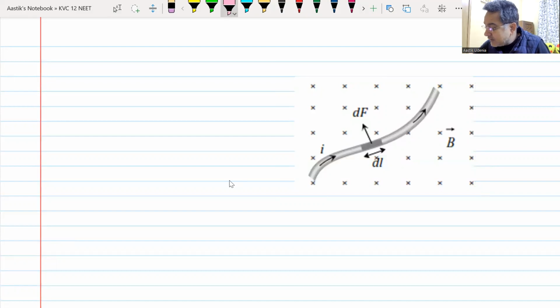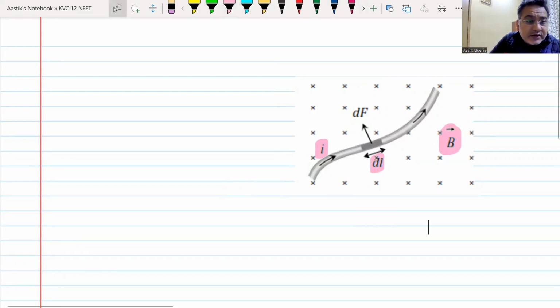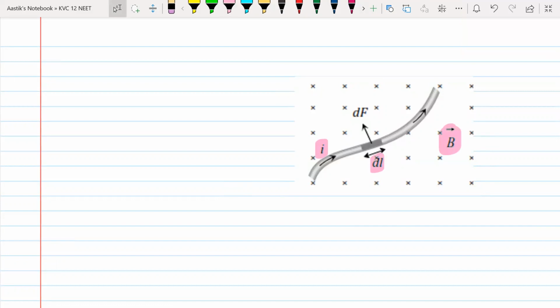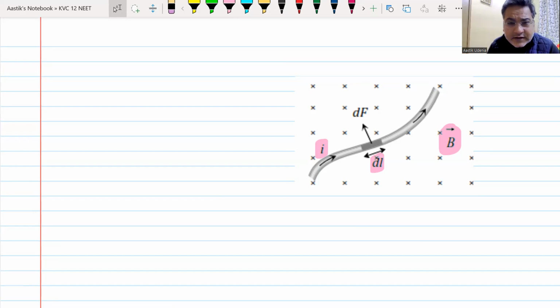As you can see, the current in the wire is I. It's a small segment of length dl, and it is placed in a magnetic field B, which is directed into the plane of the paper. Now, once this current carrying wire is placed in this magnetic field, it contains a large number of moving charges.